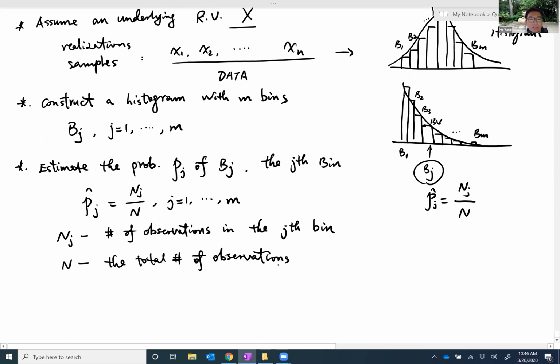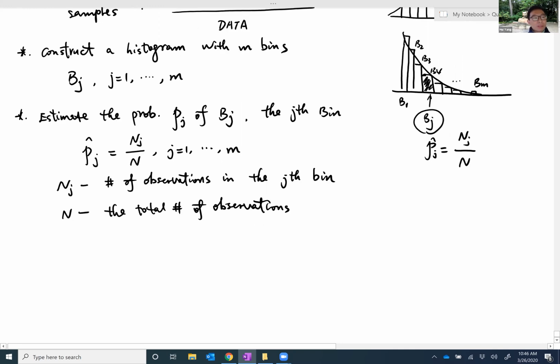You can also call it the number of data points that fall into this particular bin. Okay, how many data points we have. This is the relative frequency we discussed before when we constructed the histogram.